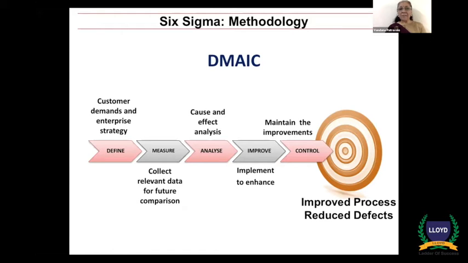So what is the methodology for Six Sigma? It is known as DMAIC, which is a short form of define, measure, analyze, improve, and control.